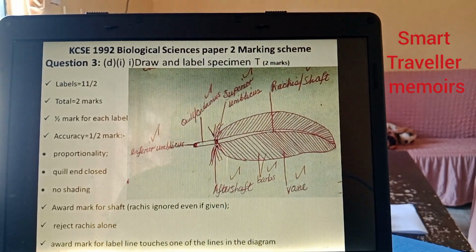Okay, let me repeat. There is a point I'm going to repeat there. I want a mark for shaft, and rachis is ignored even if given. Reject rachis alone.